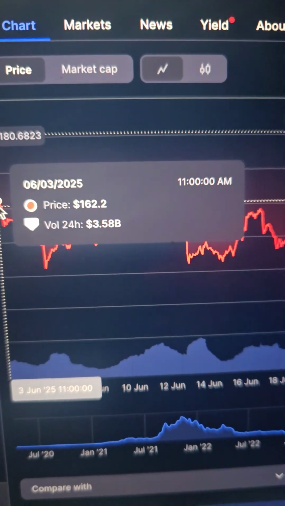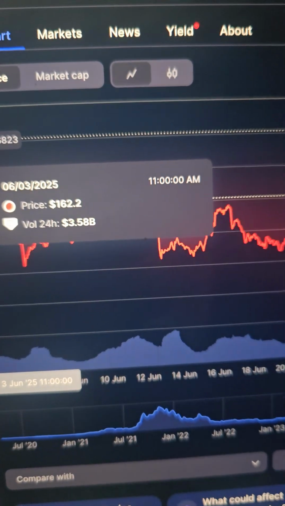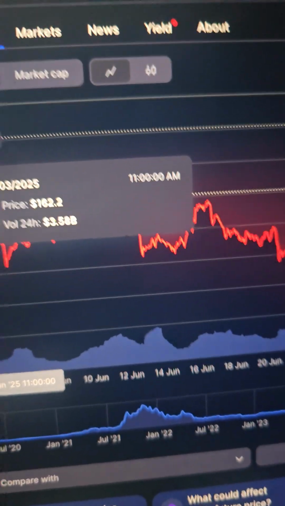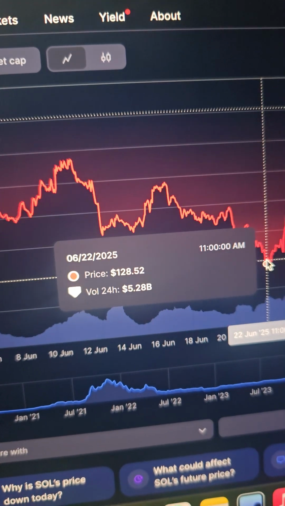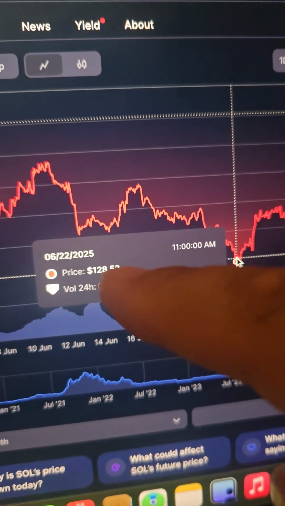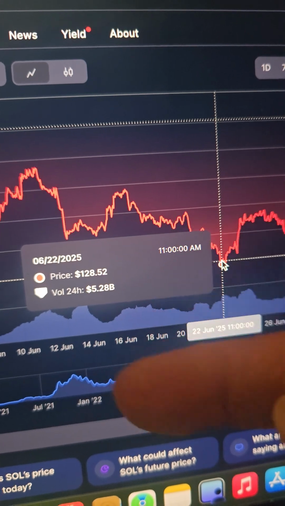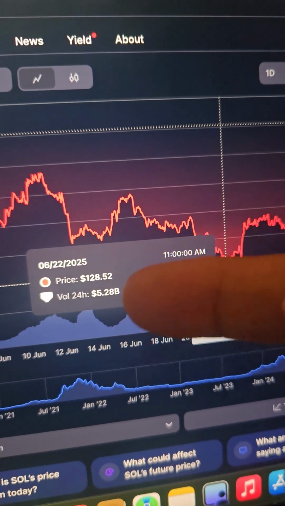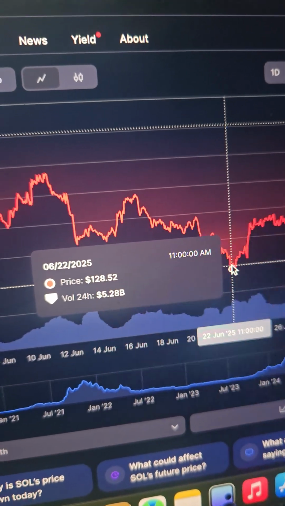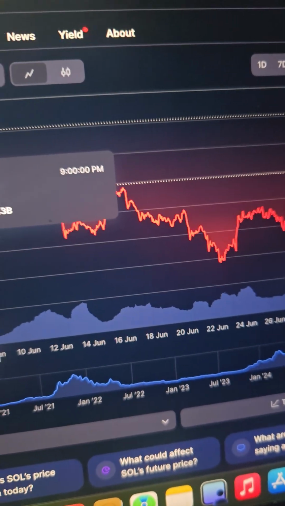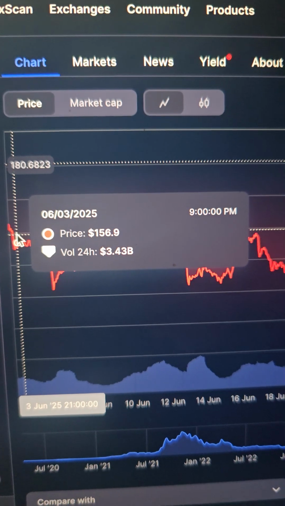But there's less trading volume, which corresponds to less investors putting their money into this that day. But if you can catch it on a day where the price is down at $128, now you can see that there's more investors putting their money into this because the price is lower. So you have 5 billion being traded in 24 hours versus 3 billion being traded in 24 hours, okay?